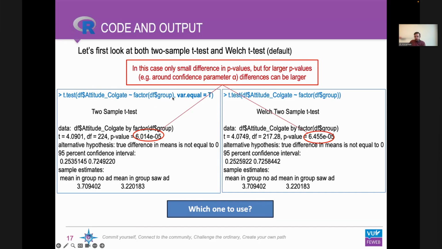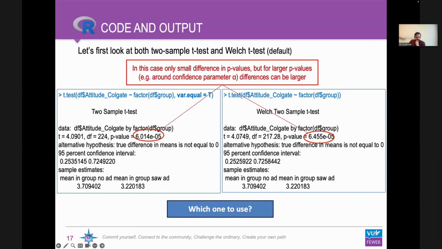The group, remember, is people who saw the ads or who didn't see the ads. I would always suggest you use factor, because in some cases this group variable might be numeric, and then you might calculate something different. So always use factor within this function to make sure that you're using the group variable as a grouping variable, as a non-metric variable.